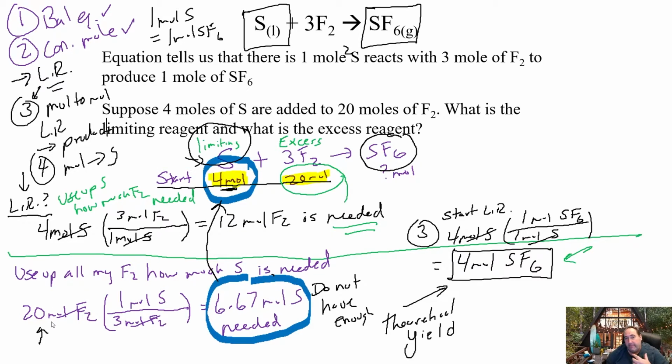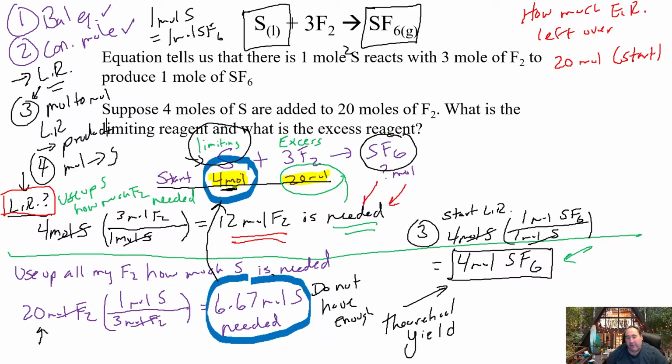What I mean by that is, when we did our limiting reagent calculation to figure out which one's the limiting reagent, we figured out that the fluorine was the excess reagent. And we also figured out in that calculation that I need 12 moles of it. So if I wanted to figure out how much of that excess reagent is left over, I would take the 20 moles that I started with.